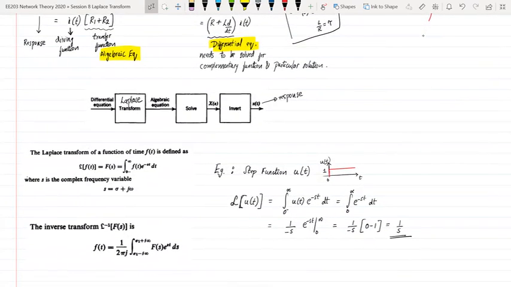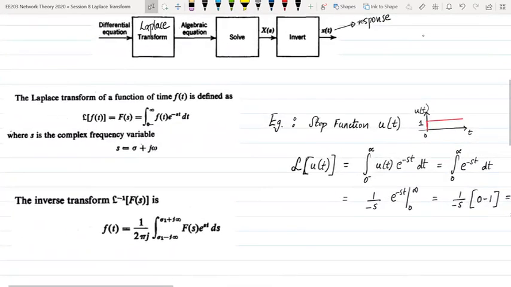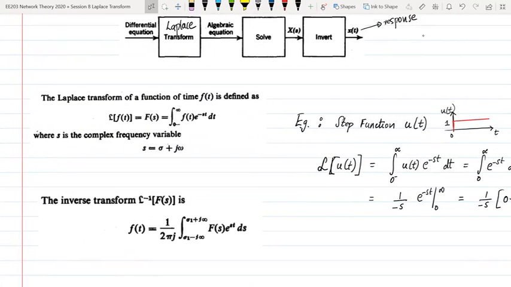So let's look at some examples. First of all, let's understand what the Laplace transform is. You know how a logarithm works, that if I say log of some number, say log 10 to the base a, is like saying that a is equal to 10 to the power x. Okay.